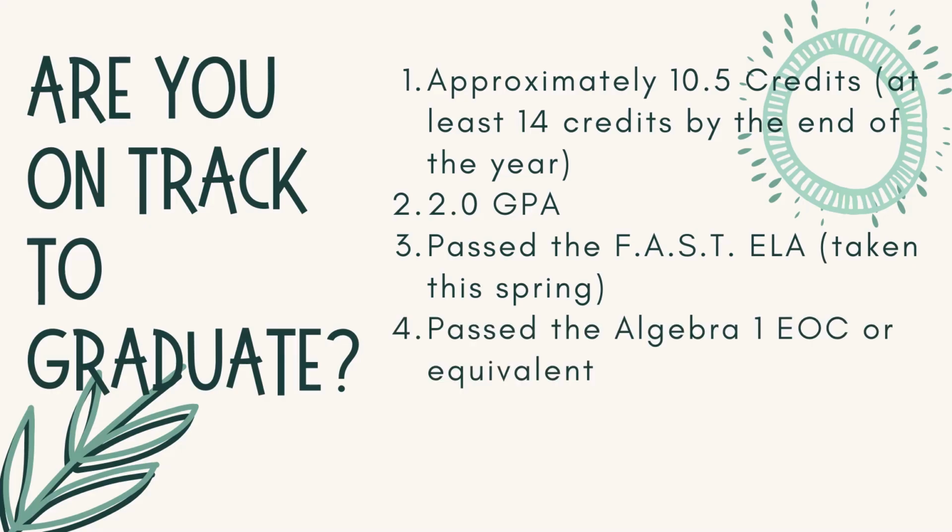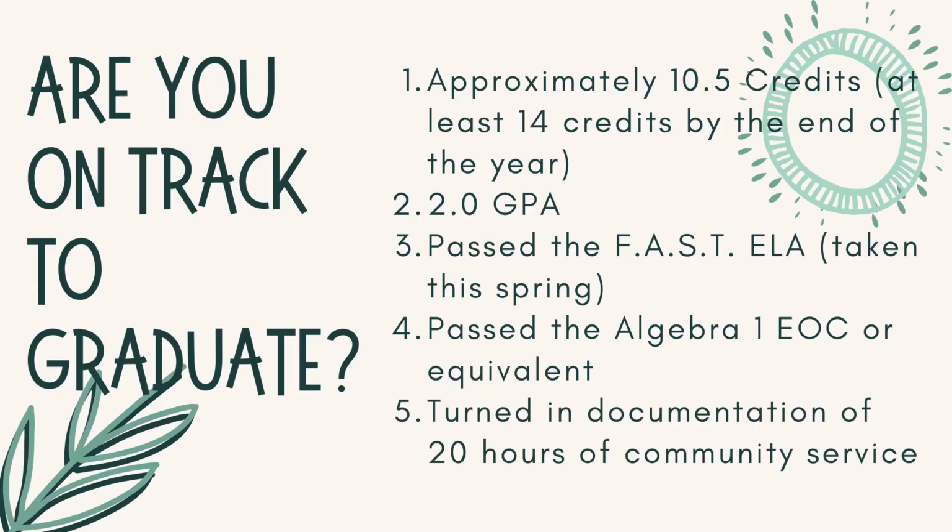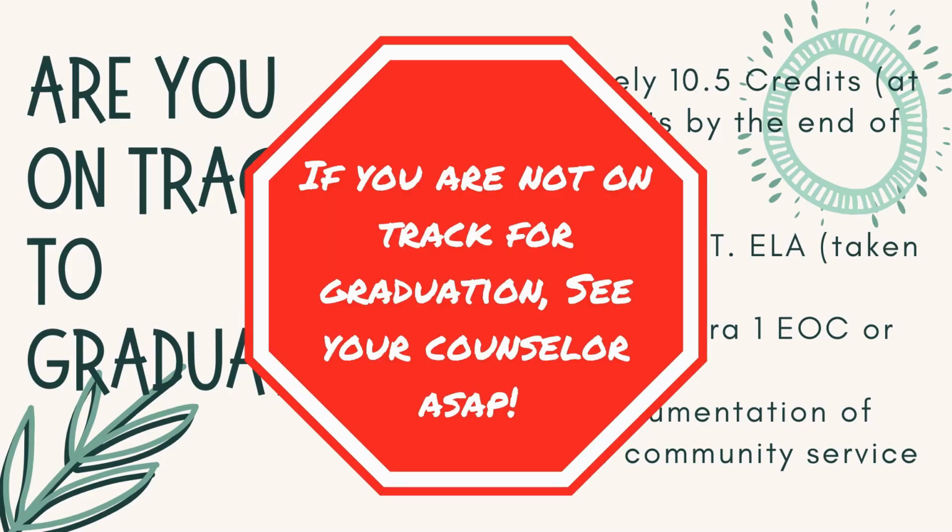Have passed the Algebra 1 EOC or equivalent. Have 20 hours of community service documented in SIS. If you are missing any of these, you are not considered to be on track for graduation. You should make a plan when you meet with your school counselor.